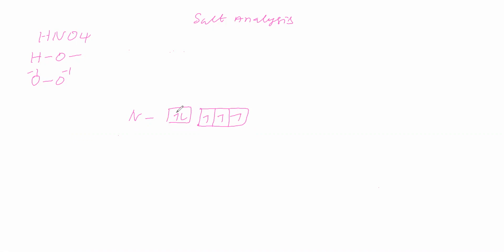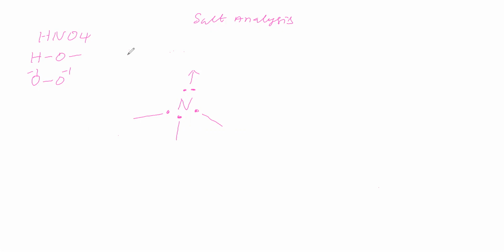So in HNO4, nitrogen we have written: this electron for the dative bond, and these electrons for normal covalent bonds. So nitrogen can make 1 dative bond and 3 normal covalent bonds. Normal covalent bonds may be single bond or pi bond, anything.